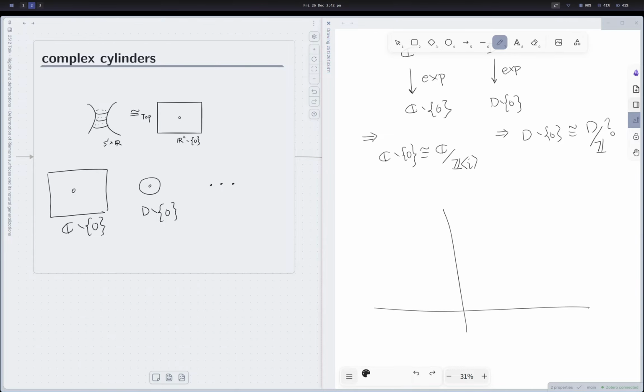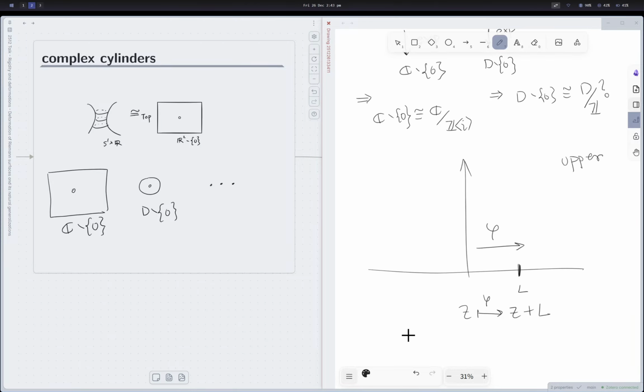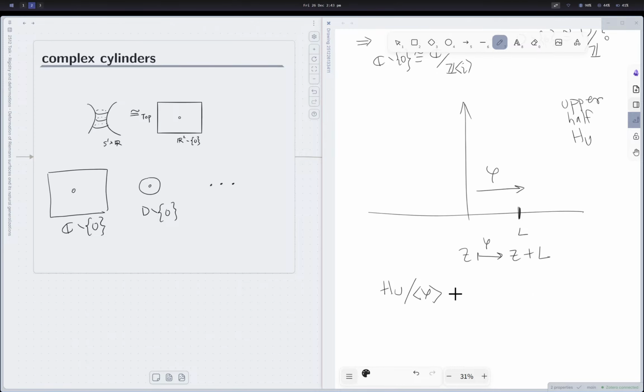Consider the upper half plane and consider a real number L. Then z goes to z plus L. Consider the upper half plane quotient this map. This will also be a cylinder.